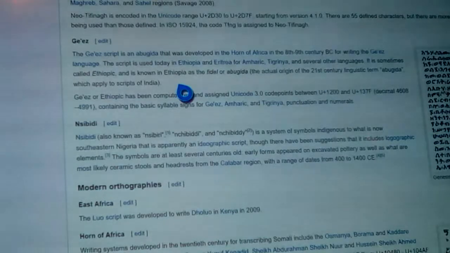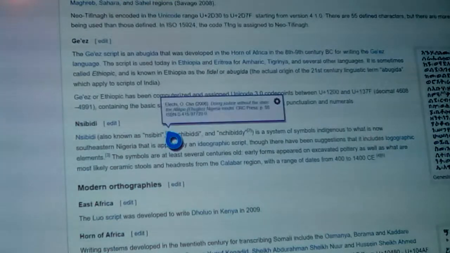It's sometimes called Ethiopic and is known in Ethiopia as the Fidel or Abugida. The actual origin of the 21st century linguistic term abugida applies to scripts of India. And they say that it has an Indian origin in the first place. That's where they've gotten it from Persians right across the Red Sea, but much farther down than where Moses supposedly crossed it.